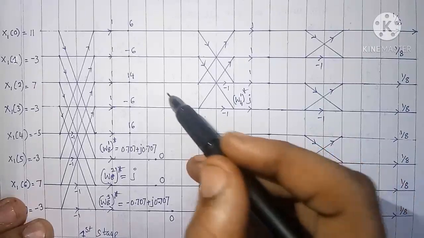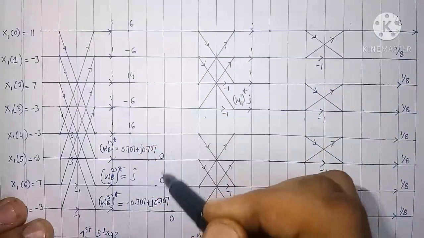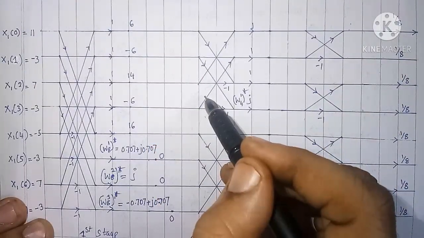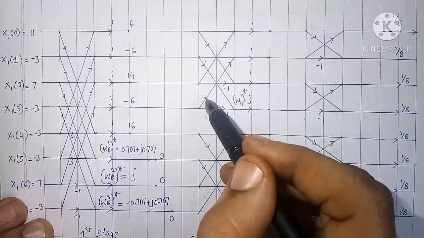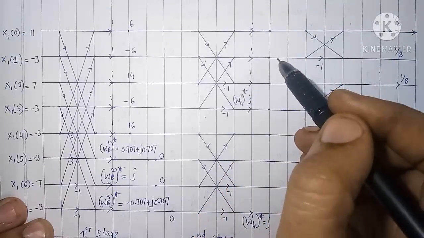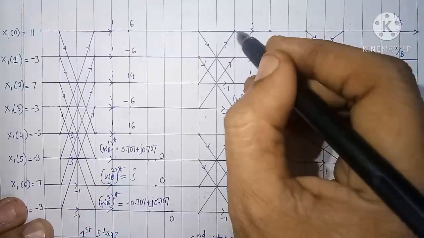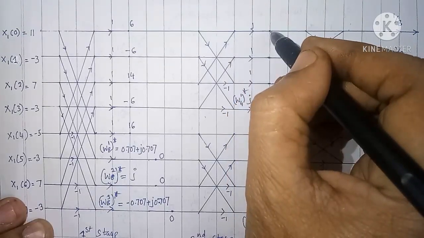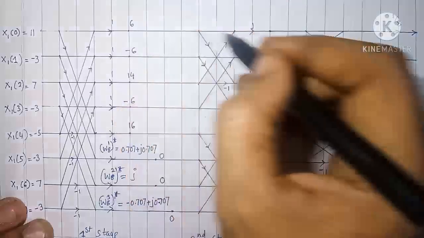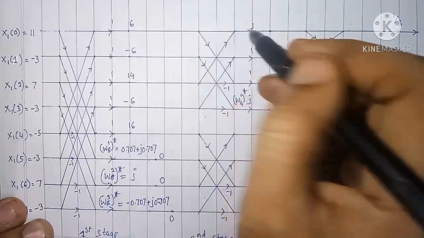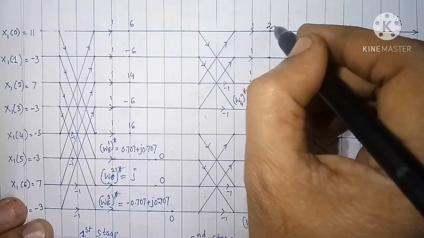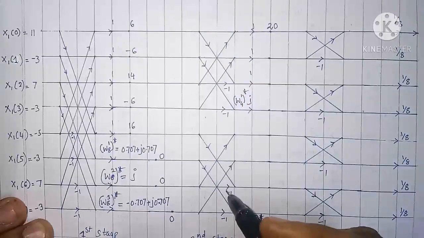Now using outputs of the first stage as inputs to the second stage, we will compute outputs of the second stage. Output at this point will be 6 plus 14, 20.